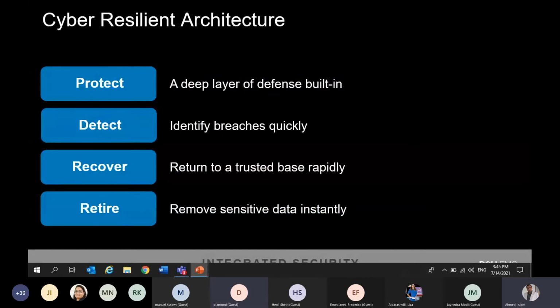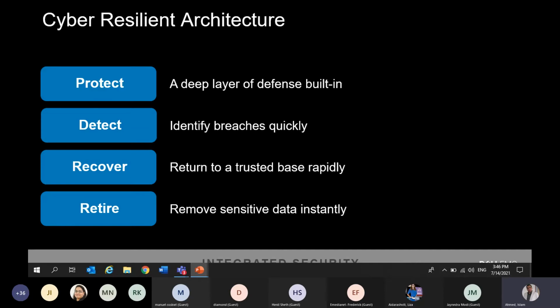The third challenge is a resilient architecture that will help to protect your data. So we talked about the scalable business architecture, we talked about the intelligent automation, and the third challenge is the cyber architecture that can protect, detect, and recover in real time in the life cycle of the server.